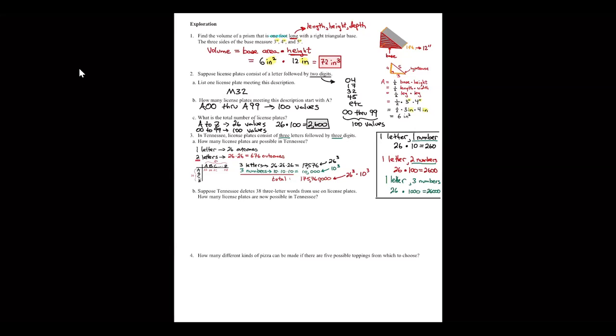All right, so 38 three-letter words. Now, you got to account for the fact that that part of the product is not going to be available anymore. So what we would do here is figure out the number of three-letter words and then multiply that by the corresponding values of the digits, right?